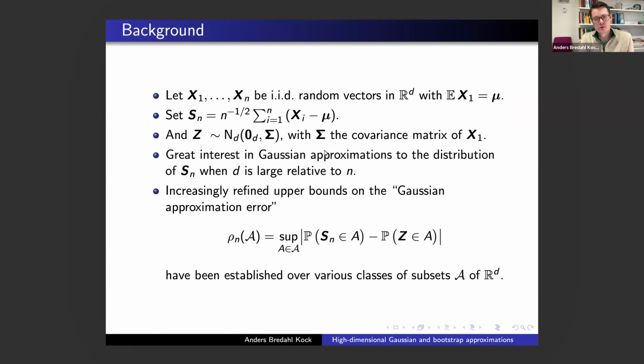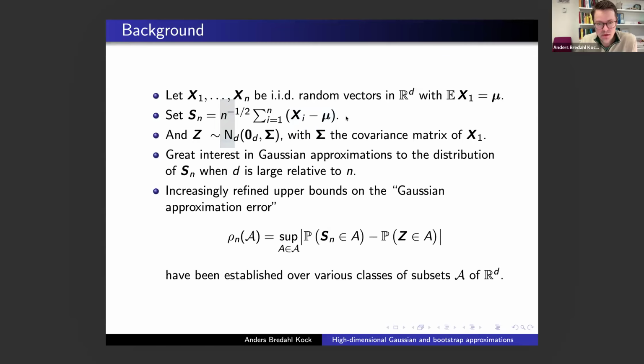So consider a setting where you observe n random vectors taking values in R^d. They're IID, and they have a mean of mu. Then you may form the centered and properly normalized sums in a setting where d, the dimension of the space within which the vectors take their value, is fixed, but you let the sample size n tend to infinity.